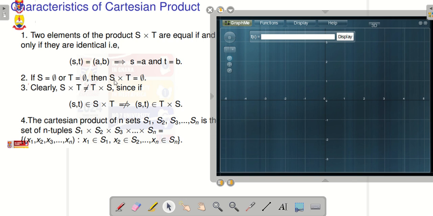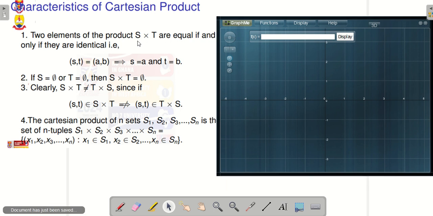What it means is that, let's say I pick the set S to be equal to {1, 2}, and I also have the set T to be equal to {2, 3}.